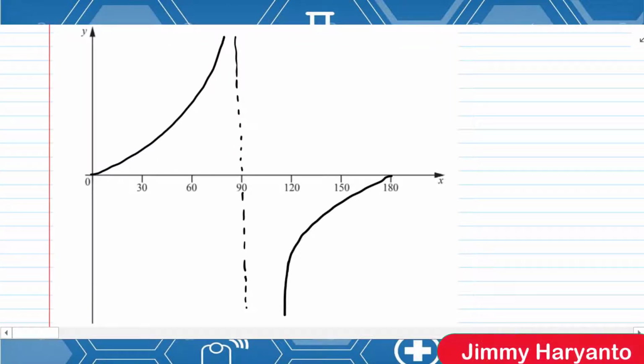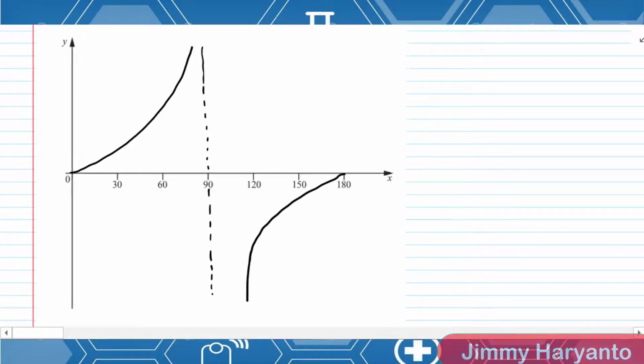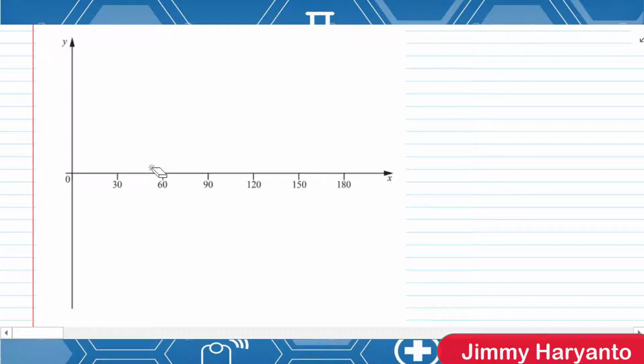This cycle, we have to make into only 60. That means the asymptotes will be right here at 30. So the cycle will be like this, 1 and 2.